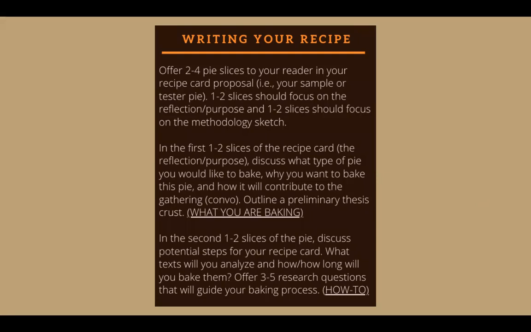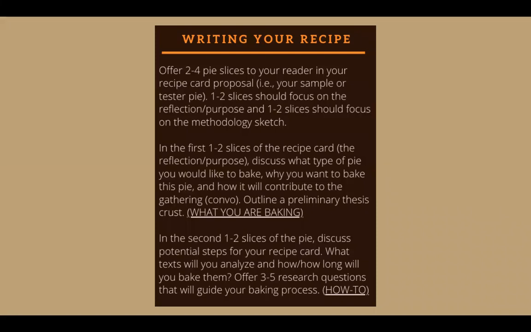So when it comes to writing your recipe, you want to think about the following. Offer 2 to 4 pie slices to your reader in your recipe card proposal. That is your sample or tester pie. 1 to 2 slices should focus on the reflection/purpose, and 1 to 2 slices should focus on the methodology sketch. So if you'll recall from when I discussed in the overview lecture about the research proposal prompt, right?